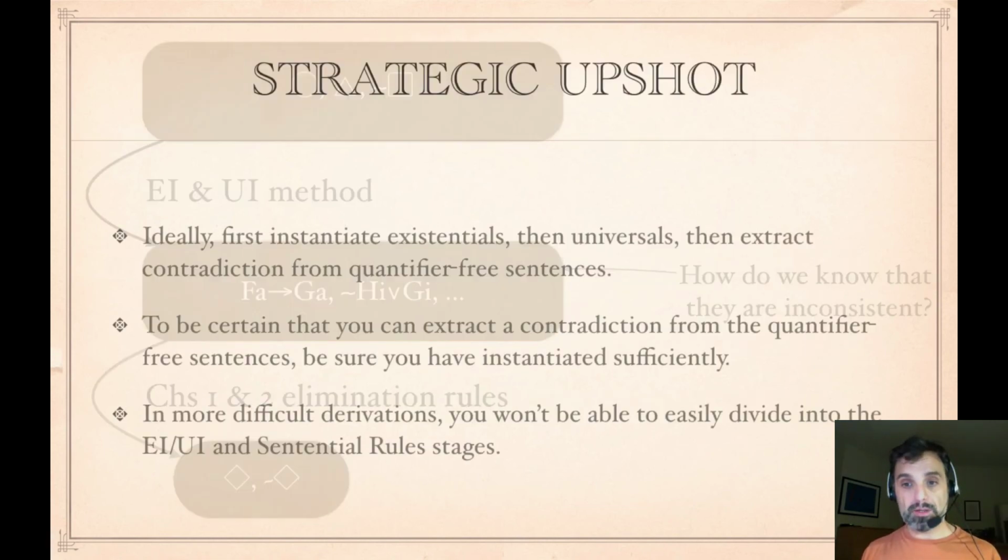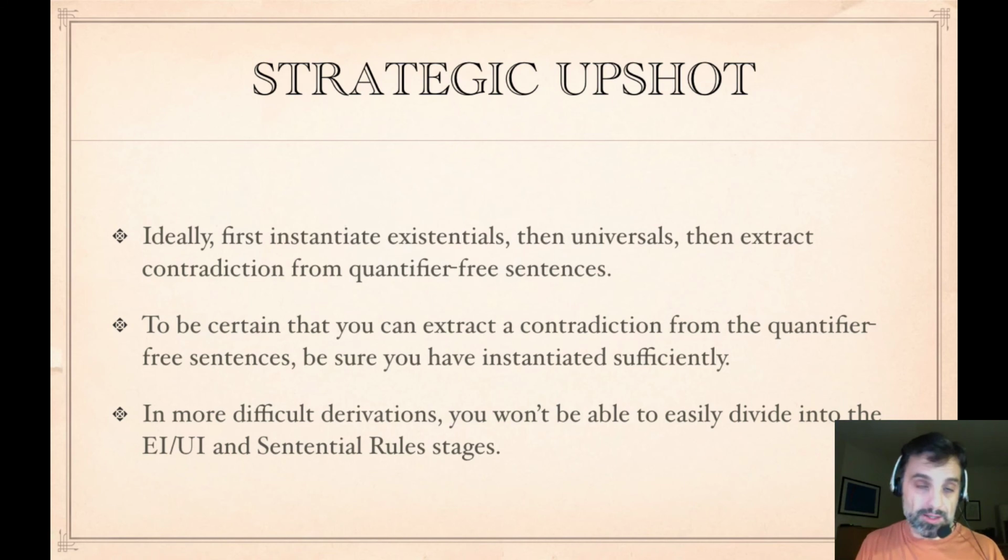So how do we know that they're inconsistent? Because of the EI+UI method. So why is this important? It's important for you to understand how the system is working, but it also has strategic implications. In particular, to the extent that you can, you want to separate these two stages. First, there's the EI+UI stage, and then there's the chapter 1 and 2 stage with the quantifier-free sentences.